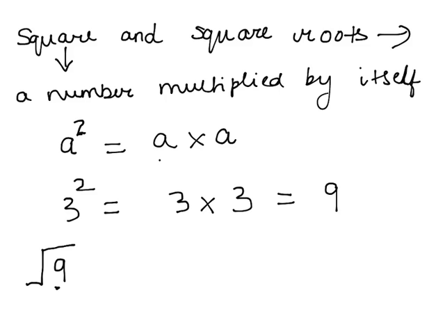Clearly, 3 is that number. If we multiply 3 with 3, it gives us 9. So the square root of 9 will be 3. There are certain methods to find the square root that we will take later. First, concentrate on the square of a number and its properties.